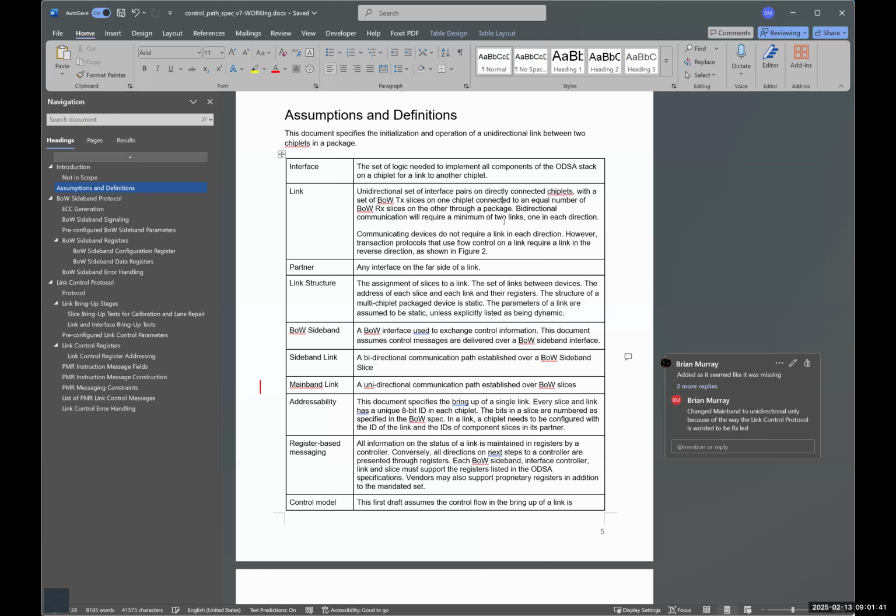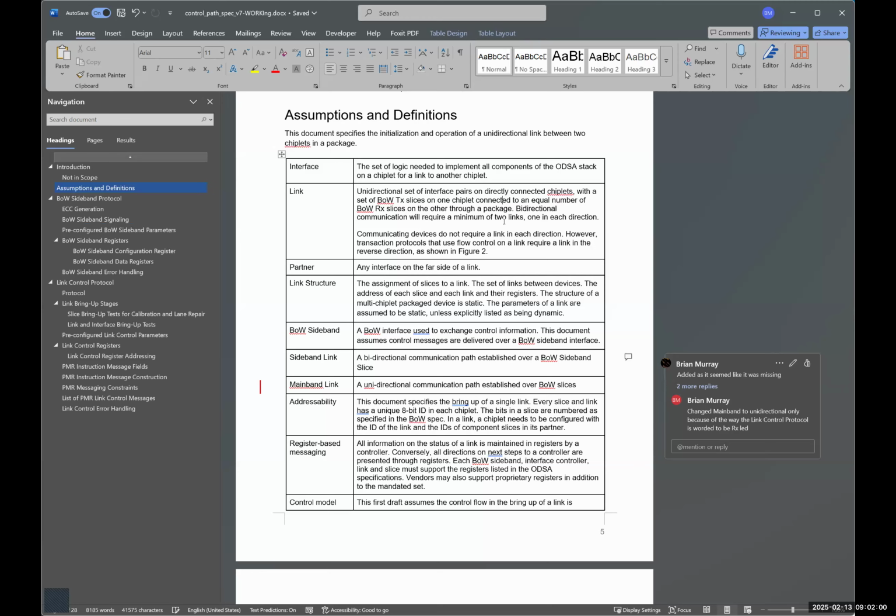There can be multiple link layers behind that single PHY, and so we would want to be able to reset one group of those 8 slices independently of the second group of those slices.